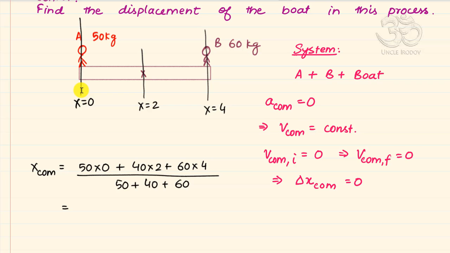So this will give you 80 plus 240. So this is 320. 320 by 150, 32 by 15 meter. And this is the x coordinate of the center of mass, which is greater than 2 meter. So you know that the center of mass should be somewhere here, slightly to the right of the boat's center of mass.